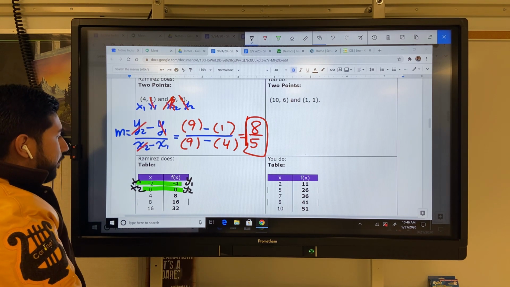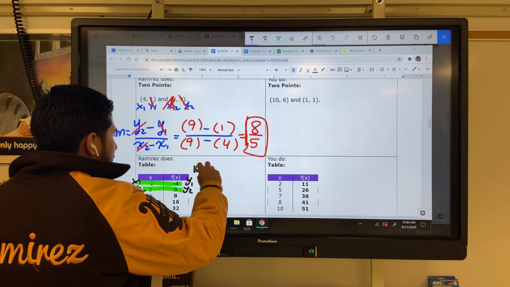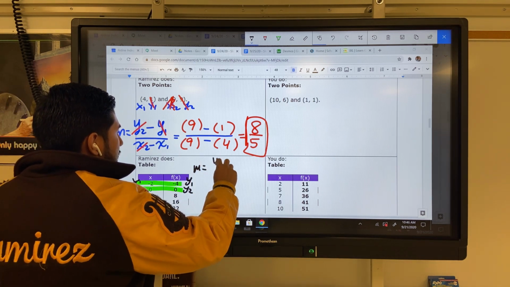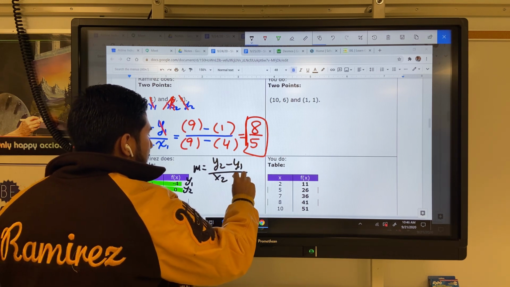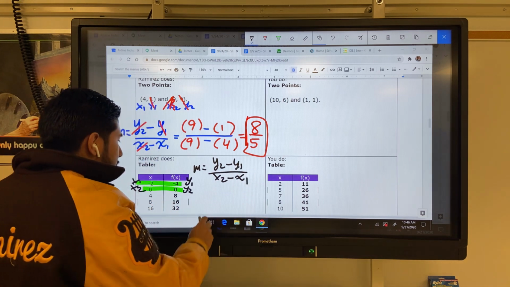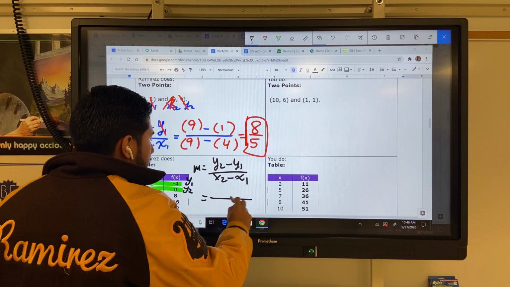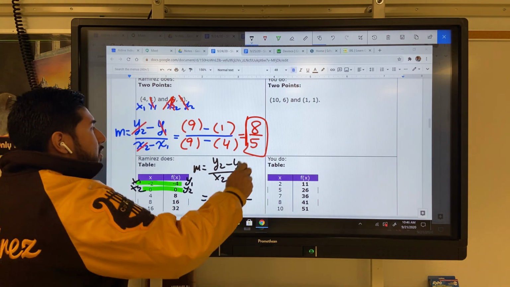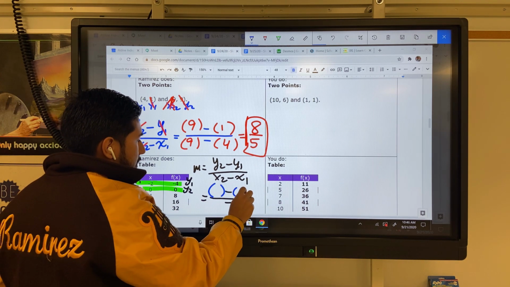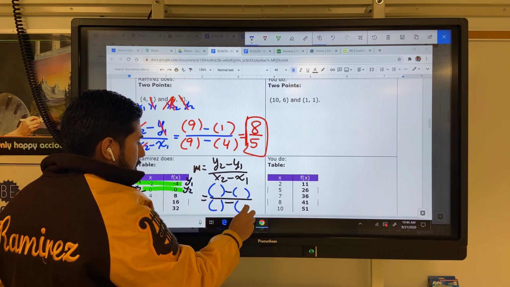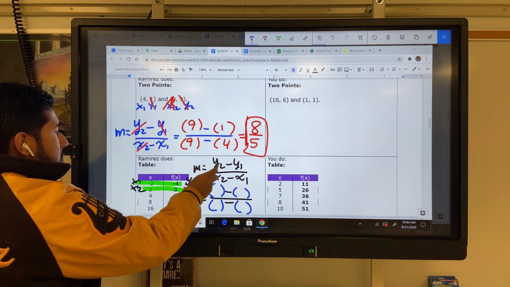Write the formula again. M equals y2 minus y1 over x2 minus x1. I like to put these parentheses. I'm matching. Who's my y2?